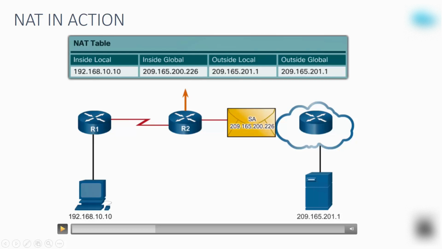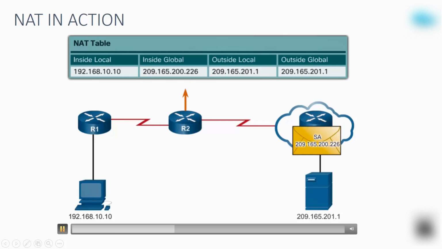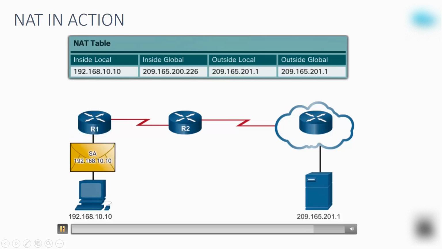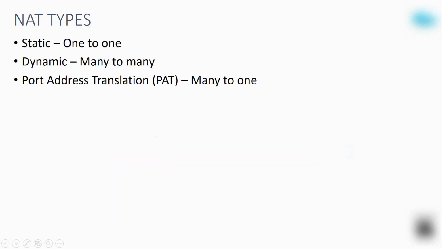As you see, our source IP address is changed, and then a server will give a reply to this IP address. The router will translate it back to the original and send it to the computer which created this communication.